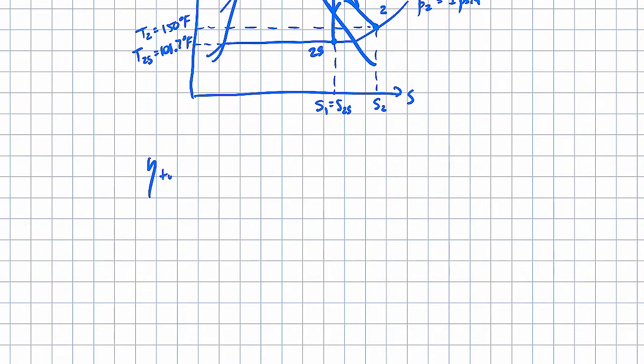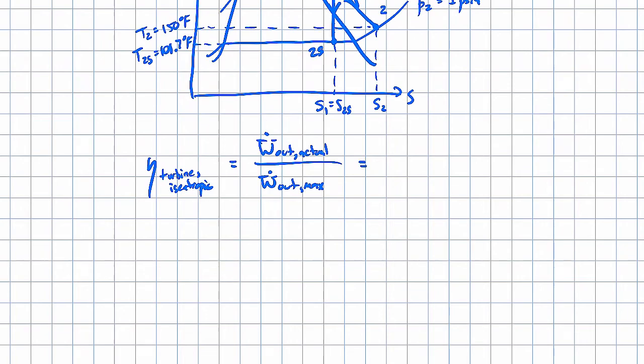It's isentropic because we find the maximum power using an isentropic process. That's defined as the actual power out divided by the maximum power out, which corresponds to our isentropic process.